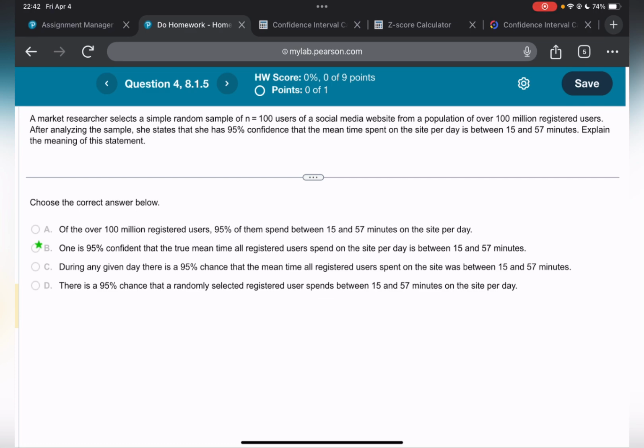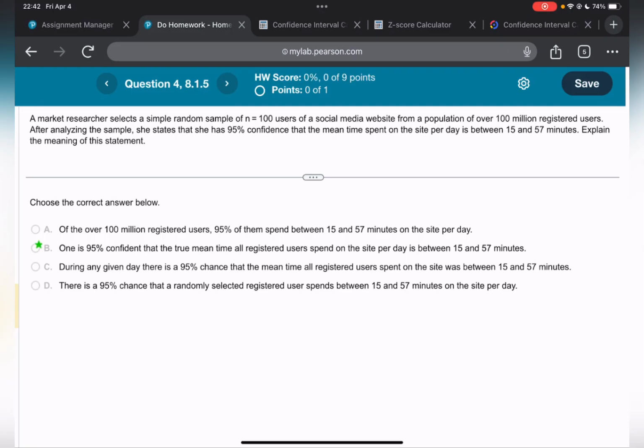We just say that with 95% confidence, the true mean time registered users spend is between 15 and 57. I would say the keyword here is true. The true mean time is between 15 and 57 minutes.